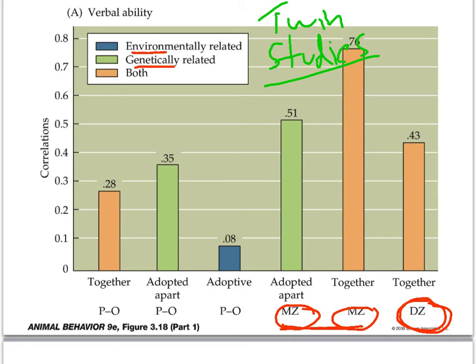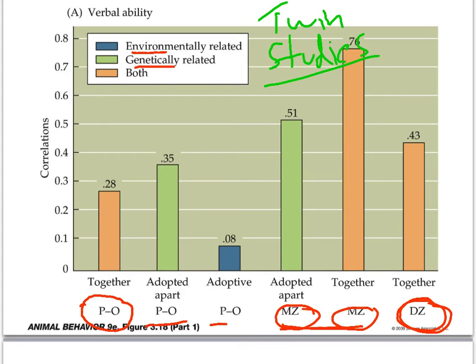Over here we have just parent-offspring comparisons. If you're raised by your parents, you're living together and you're related to each other. Many of you may fall into this category. This one here is if you were adopted, so you're living with an adoptive parent.